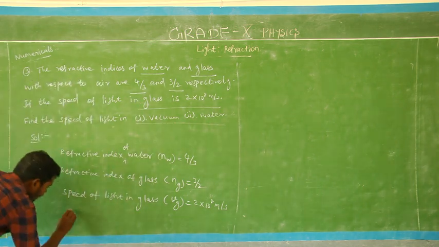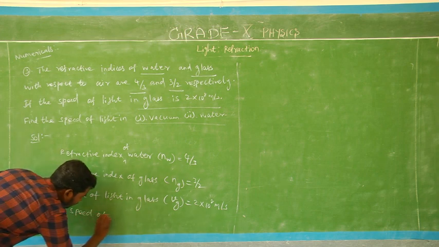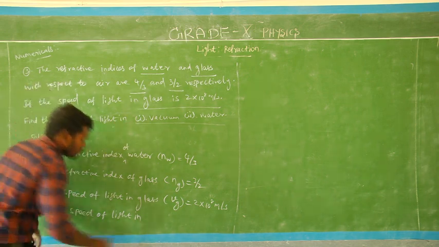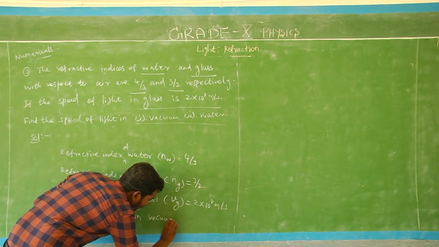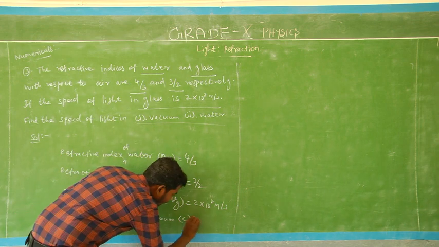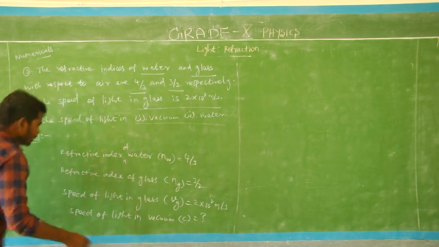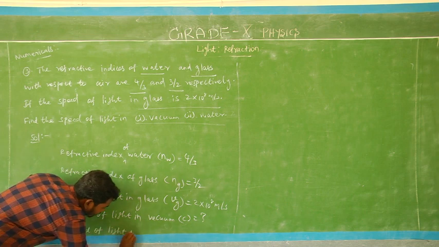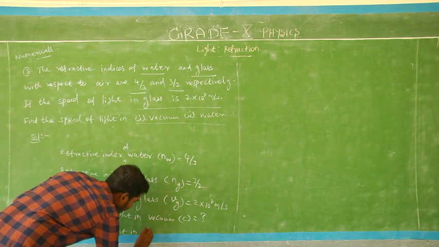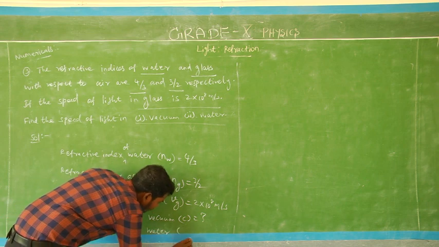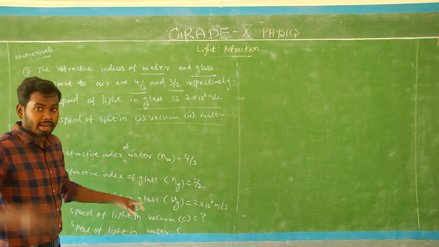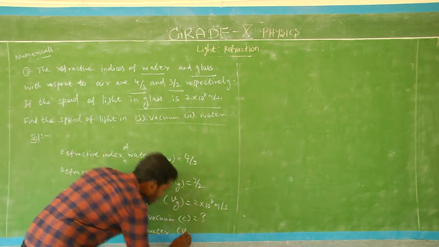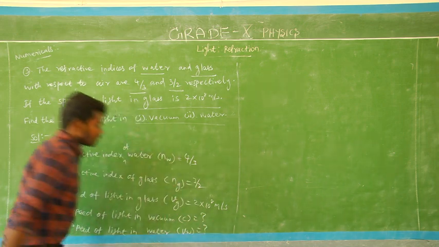So find speed of light in vacuum, symbol C. We don't know that, we have to calculate. Then speed of light in water. The symbol for any other medium is v, so for water, v w is equal to, we don't know, we have to calculate that.